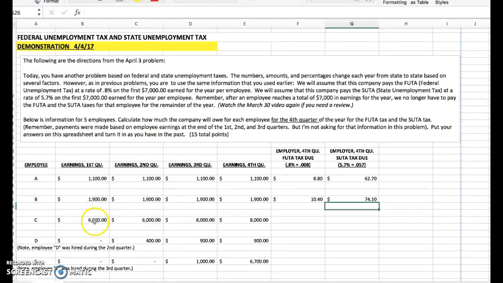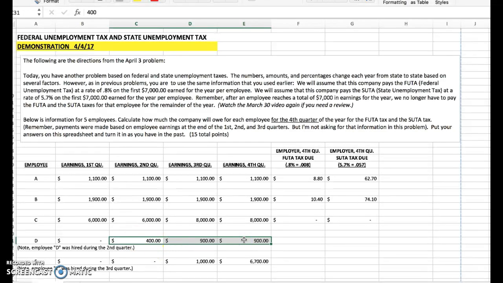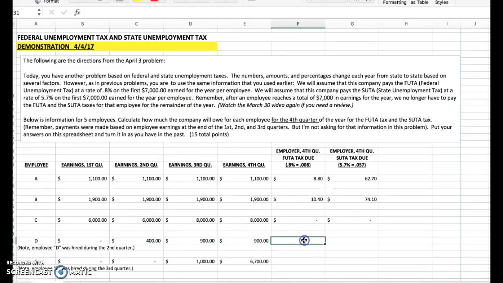Now, back to employee C. We know that way back in the second quarter, he or she was over 7,000, so we don't have to worry about that at all. So we're not paying on that. We didn't pay in the third quarter. We don't pay in the fourth quarter, so that's easy. This employee was hired midway through, and by the third quarter, he or she earned only $1,300, and if you add up these three, this employee is only at $2,700. So once again, the same thing happens.